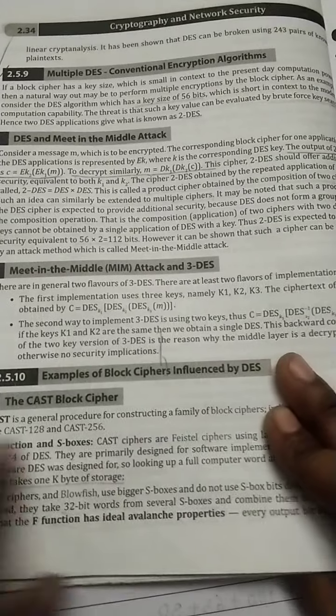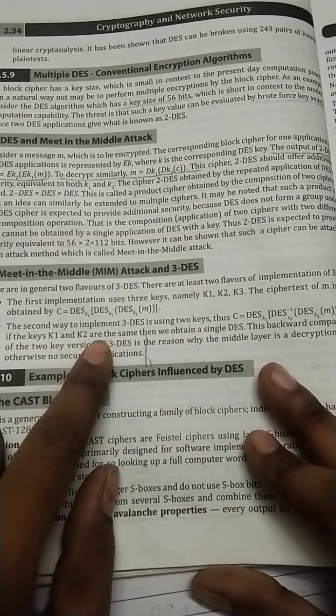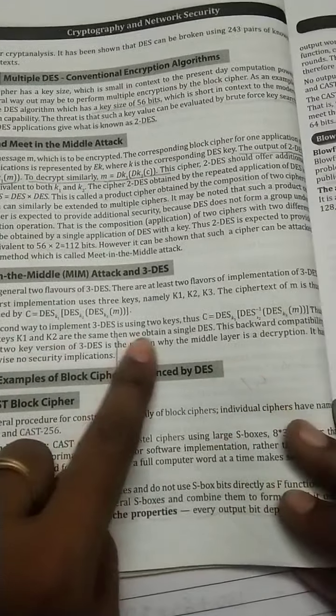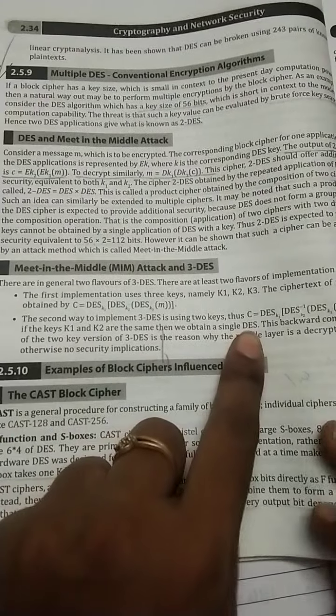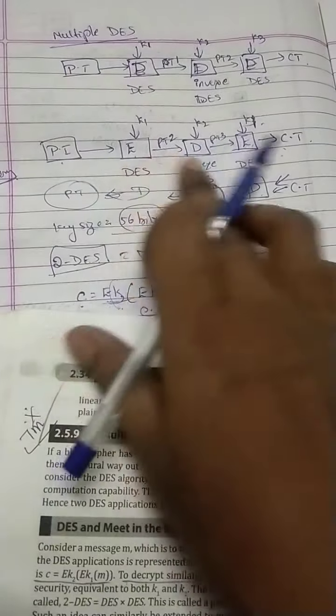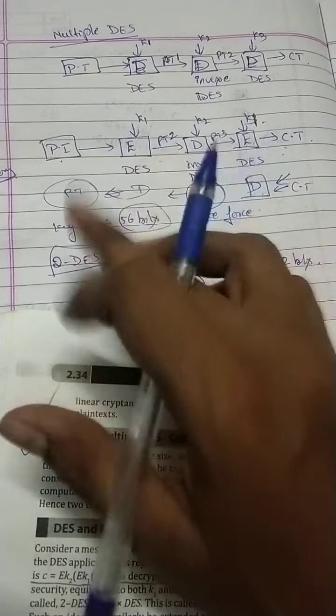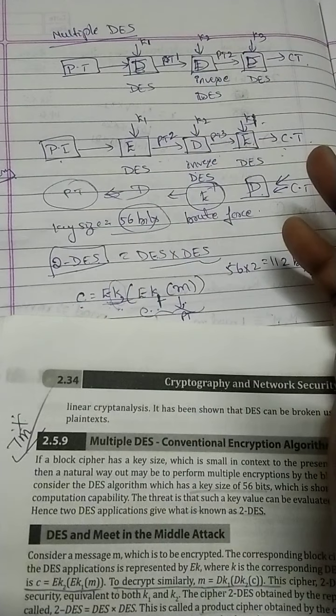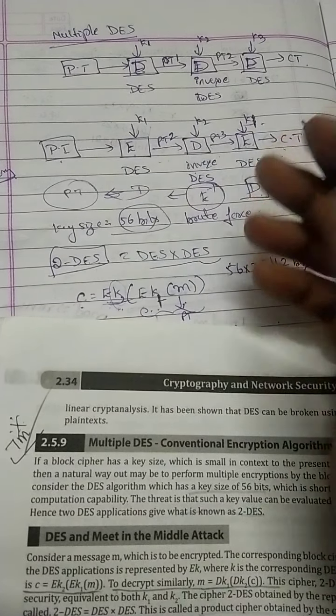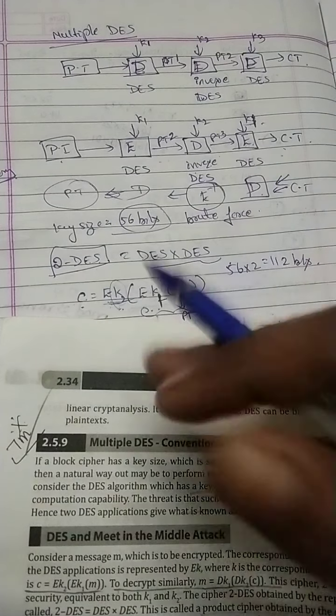Here they said that if the keys K1 and K2 are the same, then we obtain single DES only. If you use the same key repeatedly, there is no need to apply the algorithm again and again, because the ciphertext will be the same for the same key.